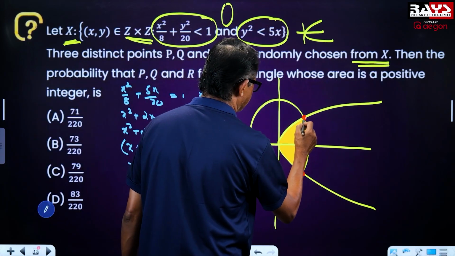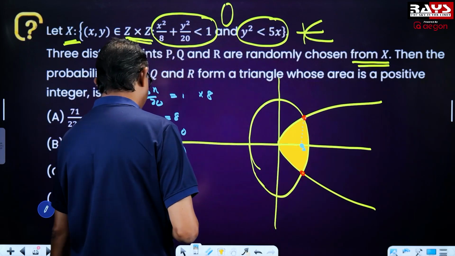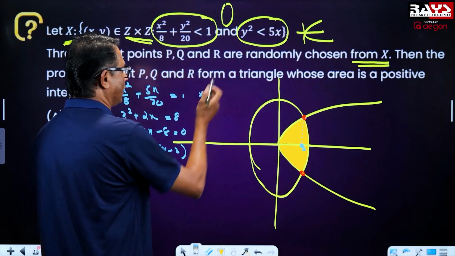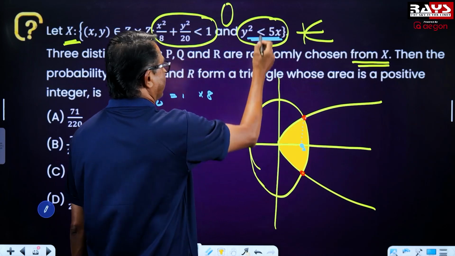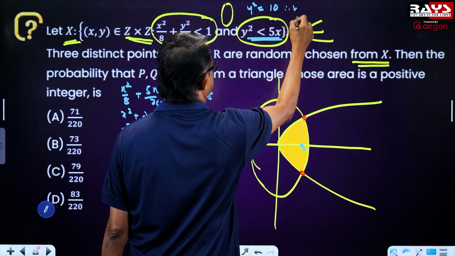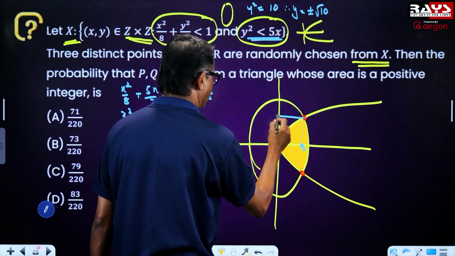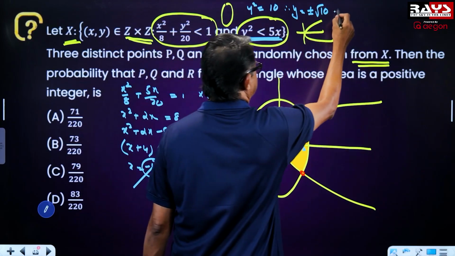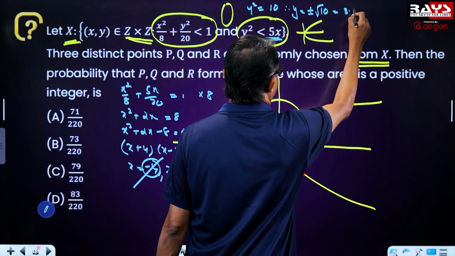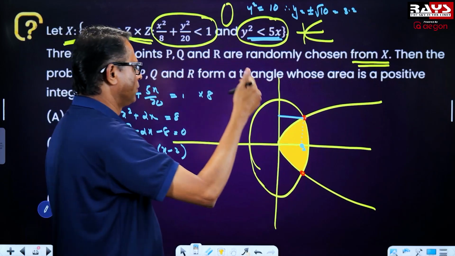So this is the point 2. And the corresponding value of y is equal to what? y square equal to 5x. So y square equal to 5 into 2, that is 10. So y is equal to plus or minus root 10. Root of 10 is less than 3.2.